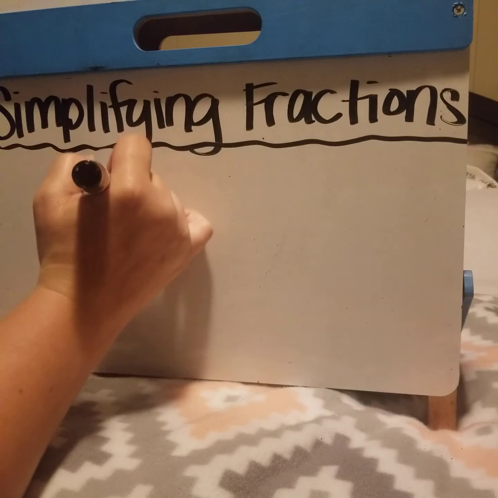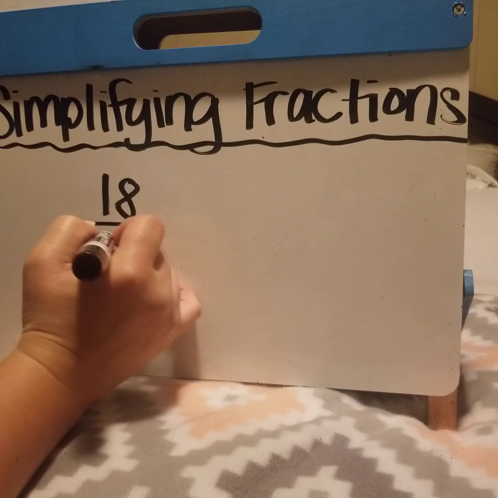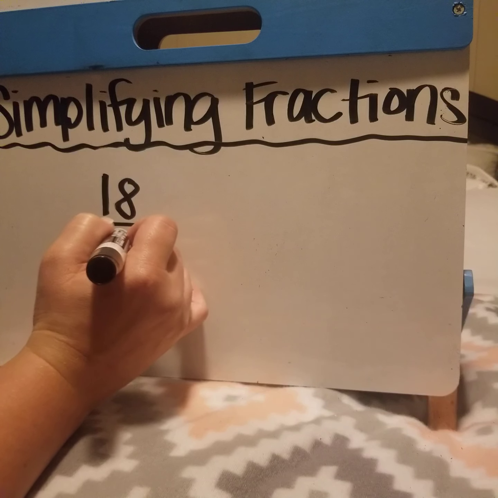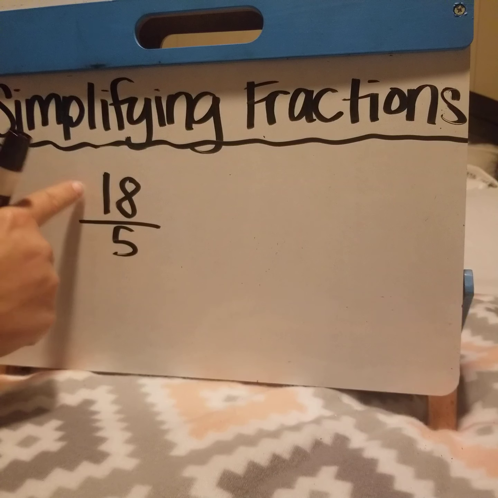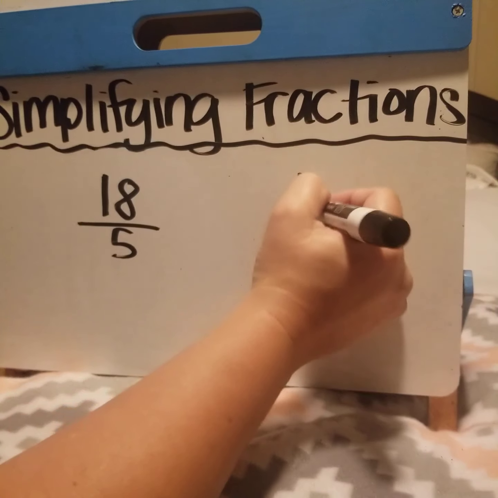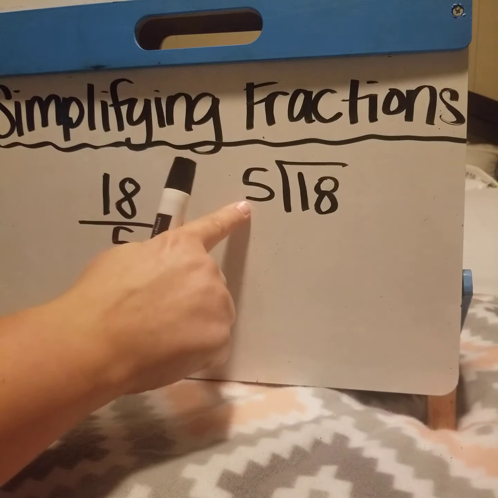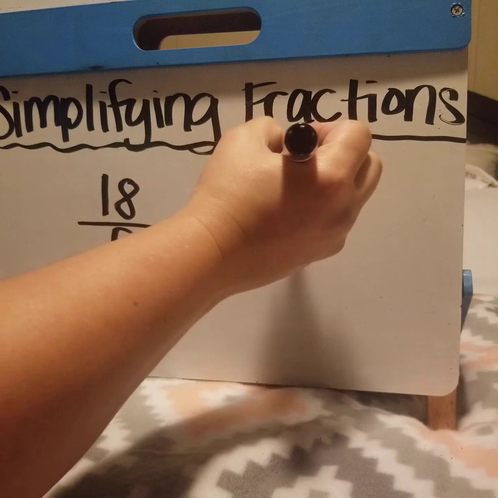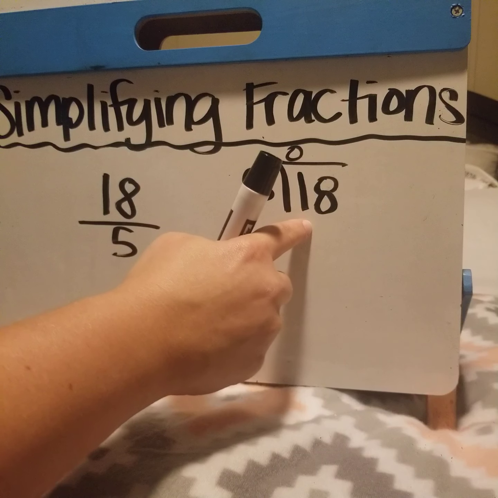Let's try 18 fifths. Okay, so 18 is larger than 5, which makes this improper. So I'm going to take my numerator 18 divided by my denominator of 5. So 5 can't go into 1. 5 can go into 18. So 5 goes into 18.